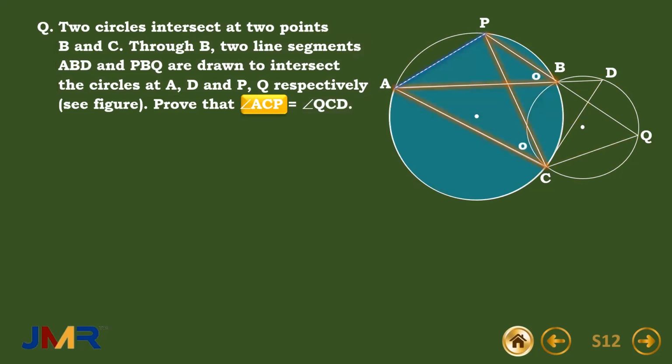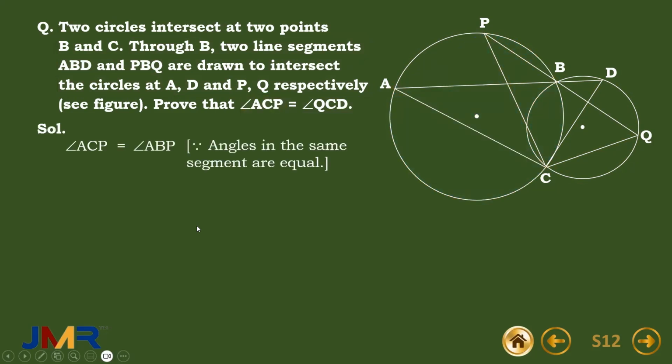Now let us observe carefully. Angle ACP is equal to angle ABP. Why? Because angles in the same segment are equal. Similarly, angle QCD is equal to angle QBD. The reason is same.